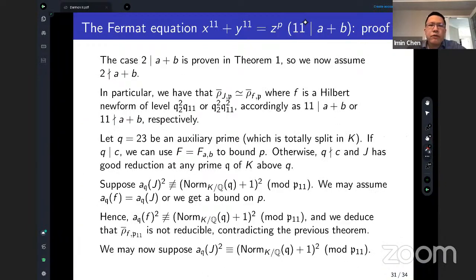And then finally, to the asymptotic result: how do we use this elimination result? If 2 divides A plus B, that's proven in this situation. So now we assume 2 doesn't divide A plus B. That is interesting because you still need to use the Frey elliptic curve to get the argument started and get to a situation where you can use the Frey abelian varieties from Darmon's program.